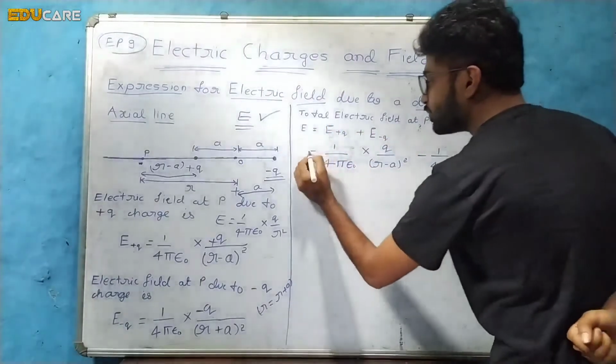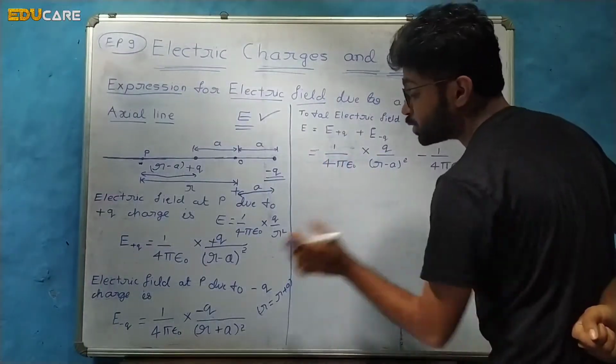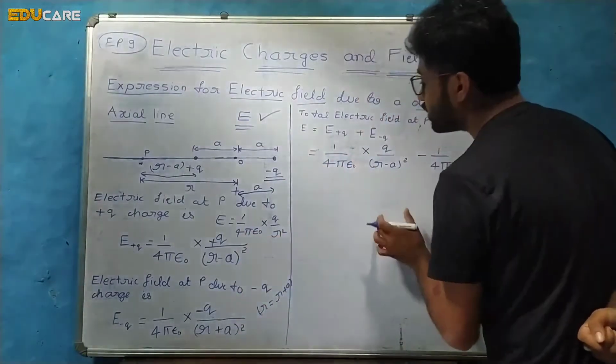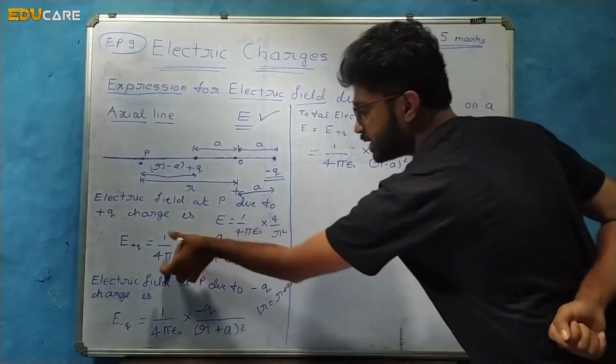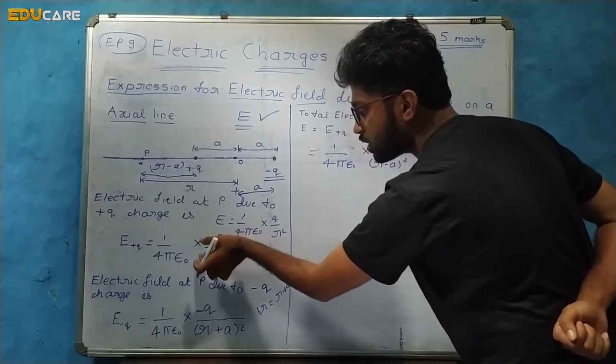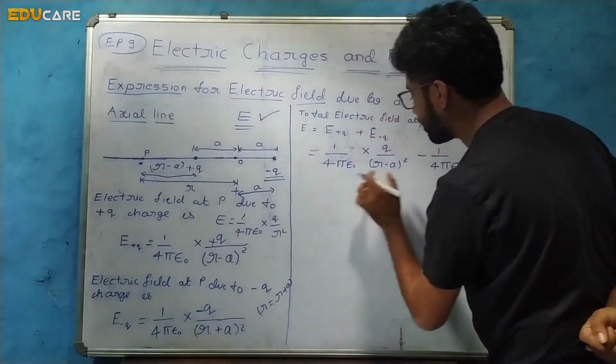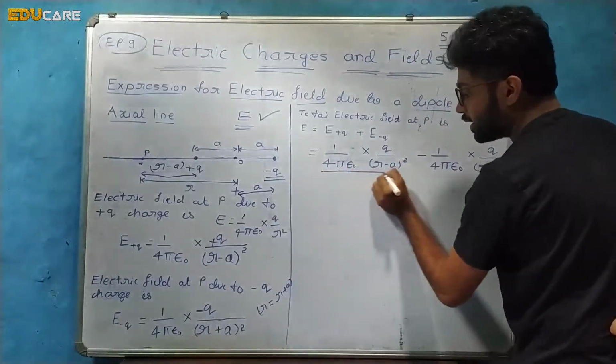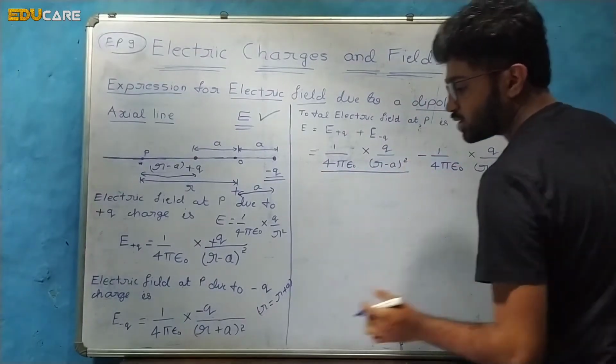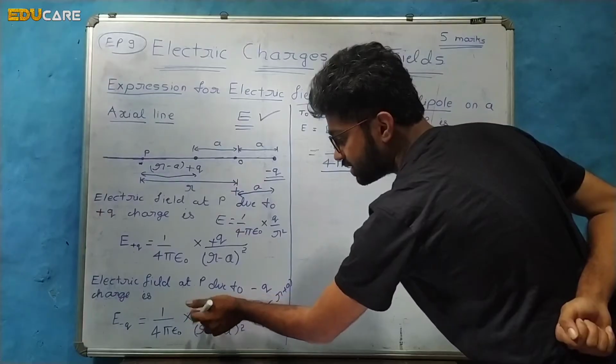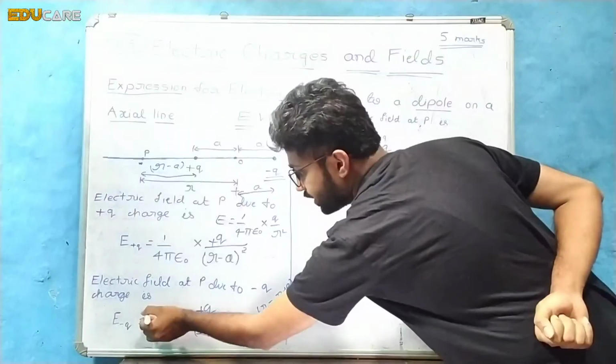We can write it, so means we substituted these values here, which gives E plus Q is 1/4 pi epsilon naught into Q divided by R minus A square, and another one is minus, because the minus sign is which is here can be written here.